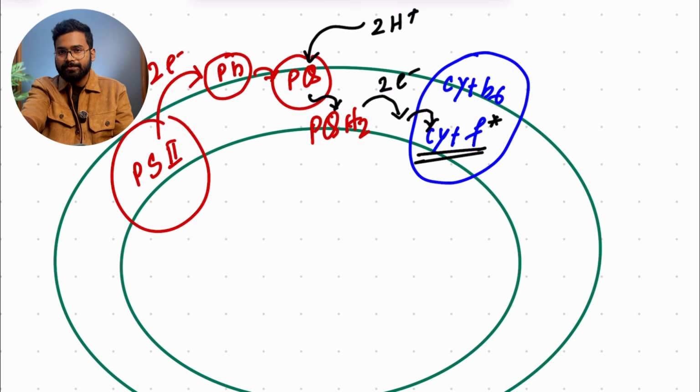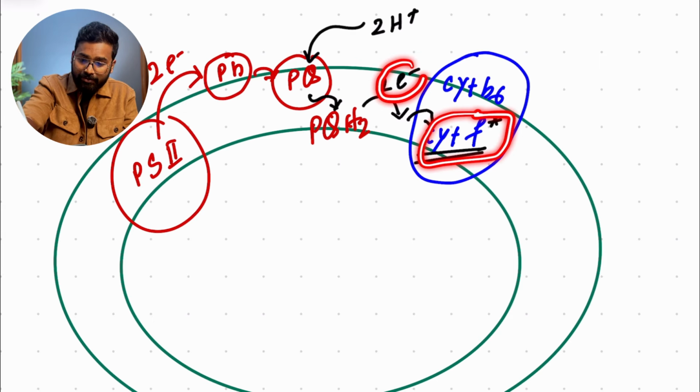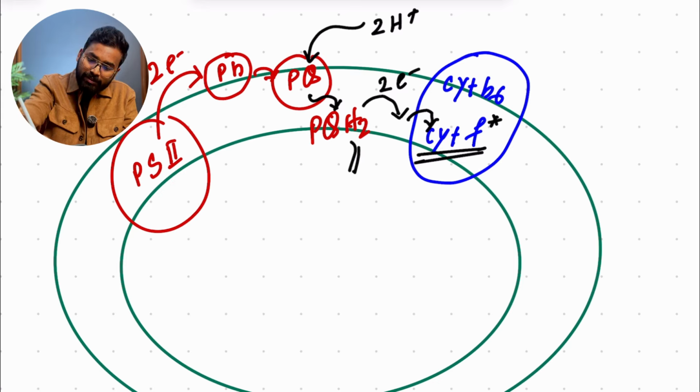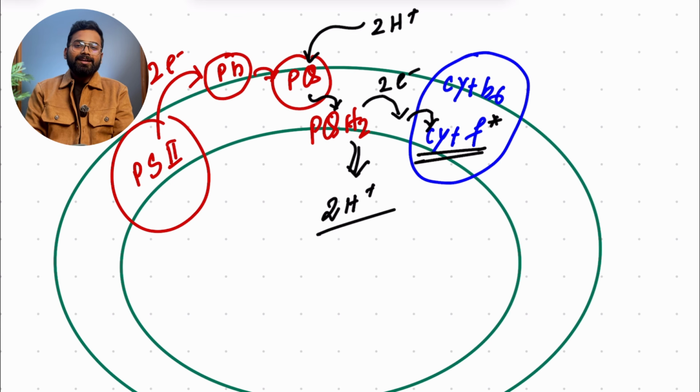And this molecule, cytochrome F, is definitely an electron acceptor but not a proton carrier. So PQH2 has to pump this proton into the inner side or lumen side of the membrane. I hope this was a very good explanation from a student's point of view.